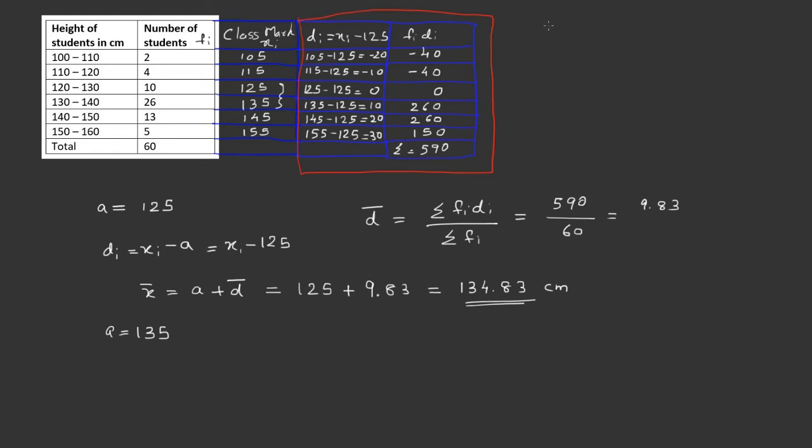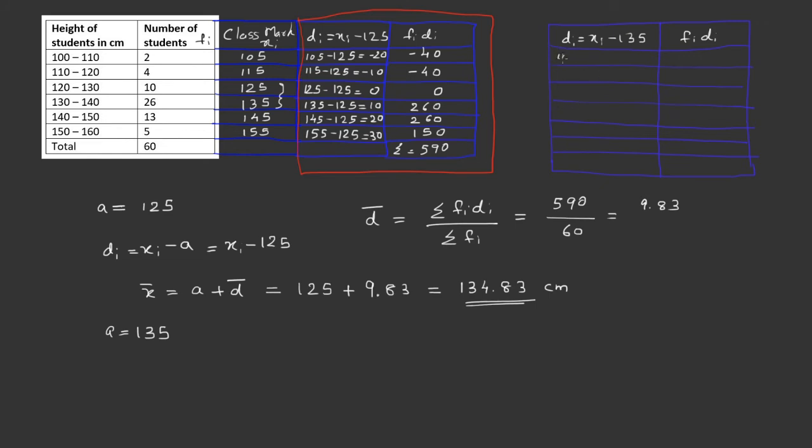For that, let us draw the columns. Here, di is equal to xi minus 135, and I have to find fi di.